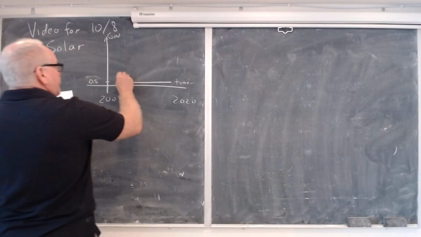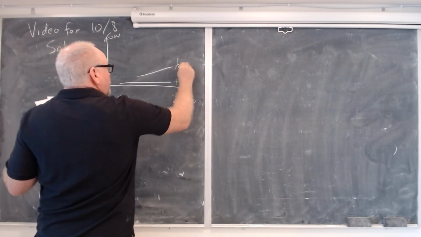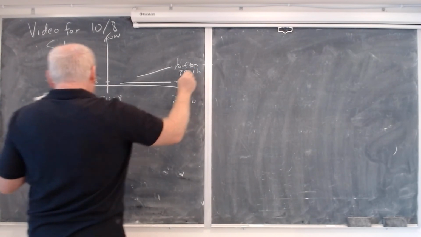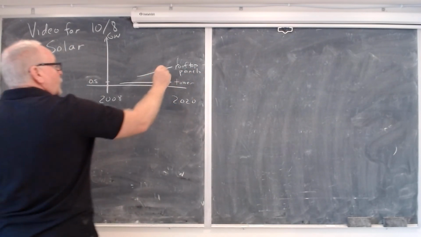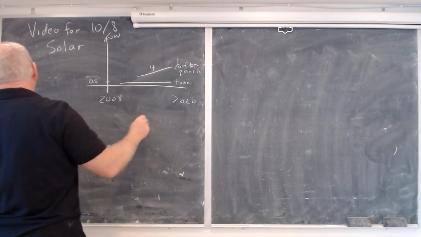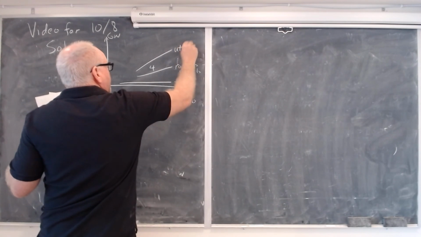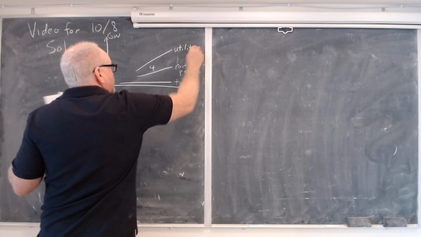Now then there's a component, rooftop panels, and that's currently up around 4 gigawatts. And then there's utility. So what are utilities?